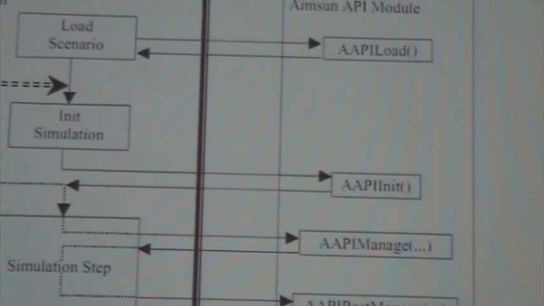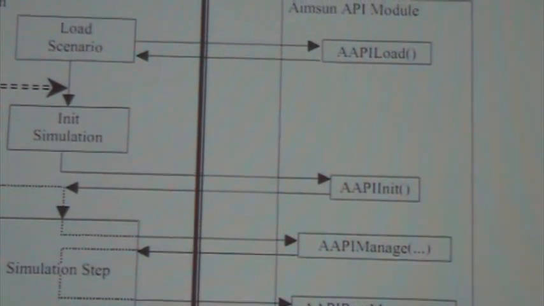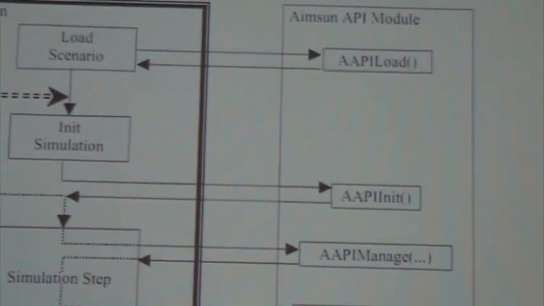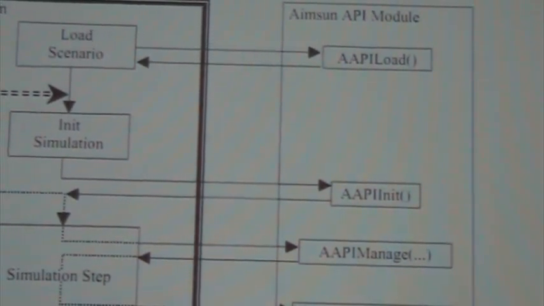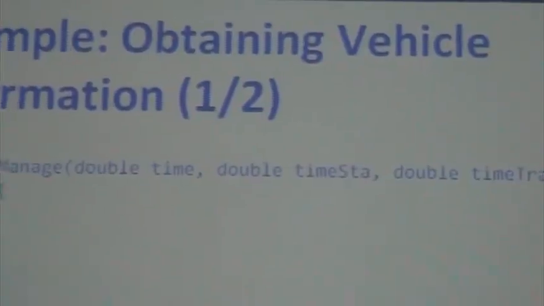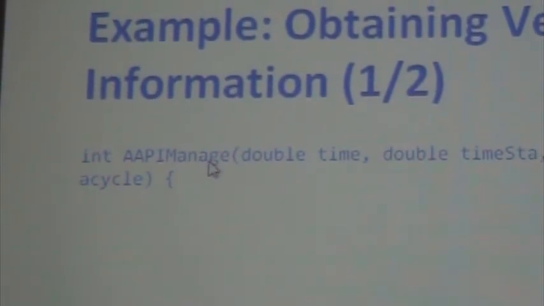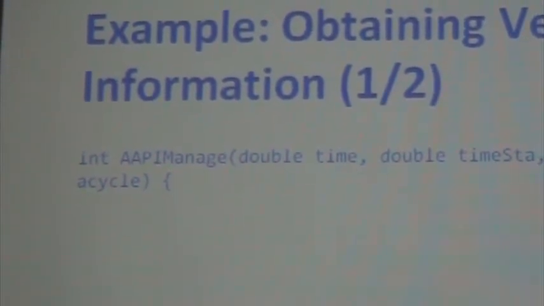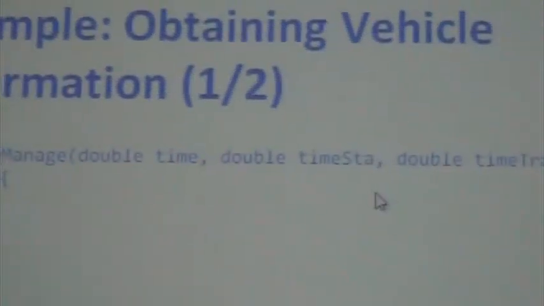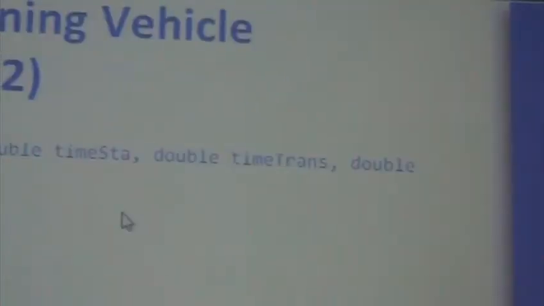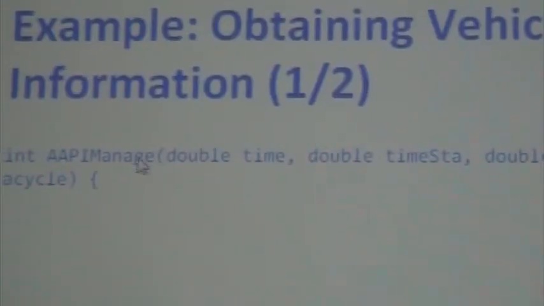That means when MSUM calls this function, it will give you some inputs. And that's why whenever this function is called, these 4 parameters will be given from MSUM. Alright? Then this function is called AAPI manage.